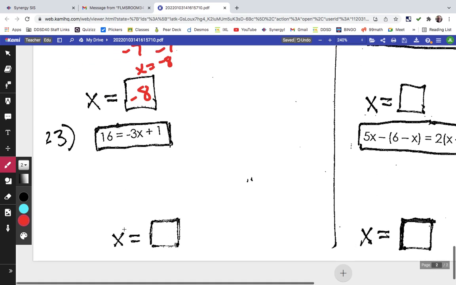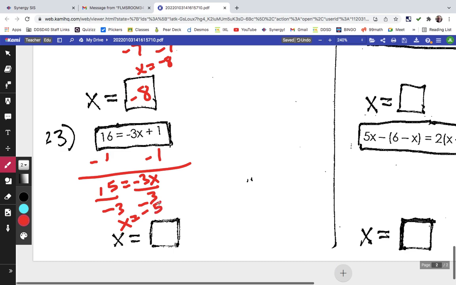All right, and number 23, I'm going to subtract 1 to create that 0. So 15 is equal to -3x. I'm going to divide by -3. So x is equal to -5.